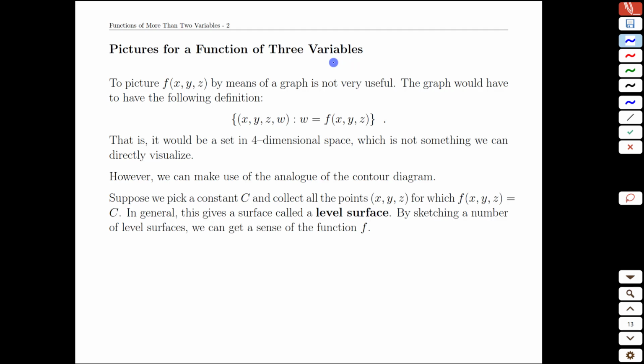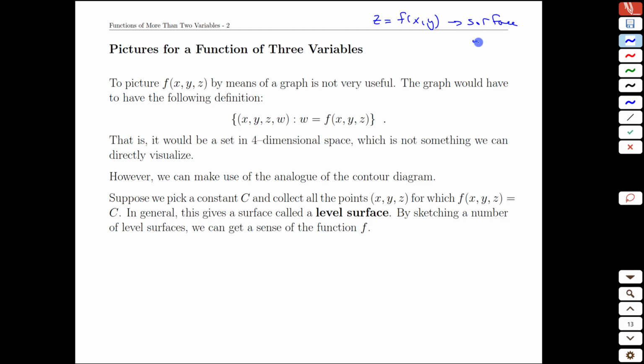There is an uncomfortable challenge with these kinds of functions, which is how do we visualize them in any way, shape, or form? In particular, if we have a graph of a function of x, y, and z, it's not even clear what that would mean, because if we think about how we drew things before, we would have had z equals a function of x and y. That was a surface.